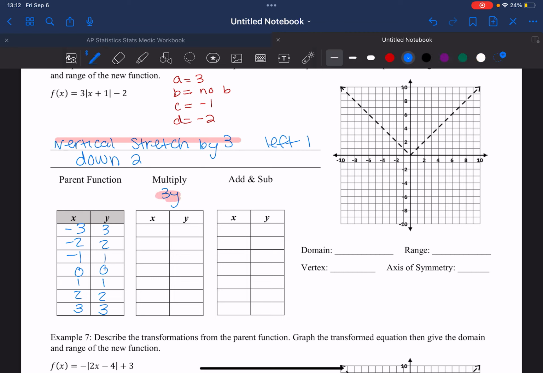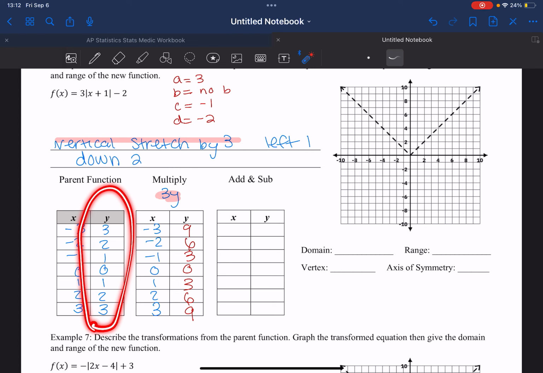Okay. So that means my x's do not change, so I'm going to rewrite my x's exactly how they are. But for my y's, I'm now multiplying it by 3, so I have 9, 6, 3, 0, 3, 6, 9. Again, I took these old y values, multiplied them by 3, and got my new y values.